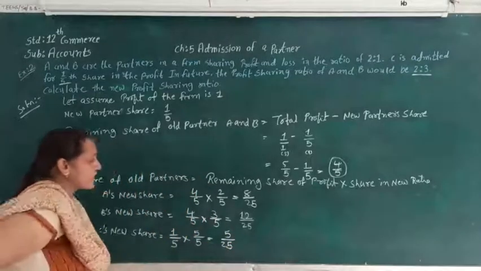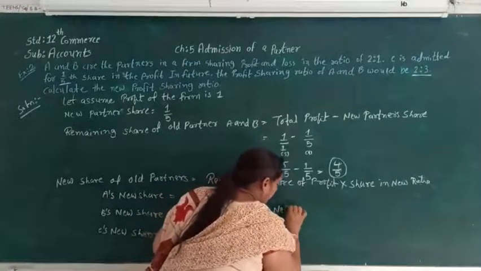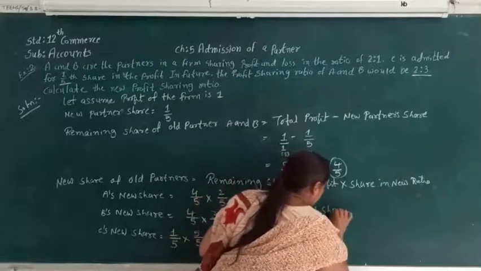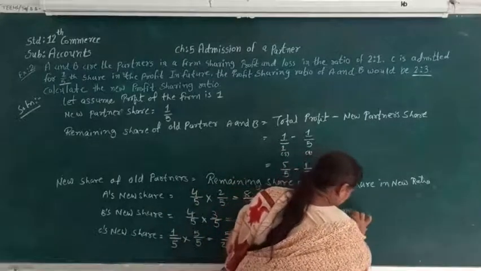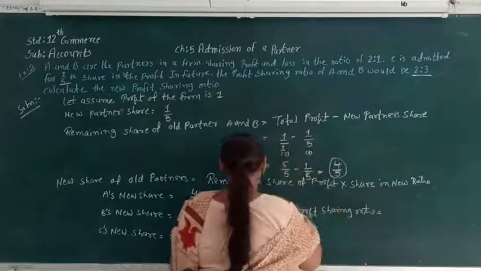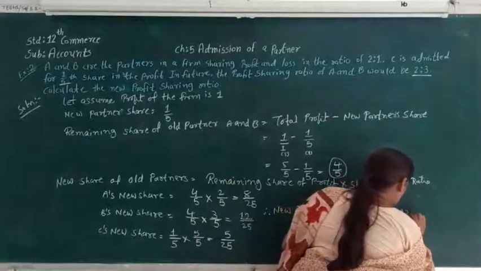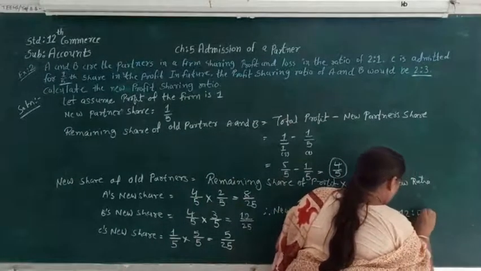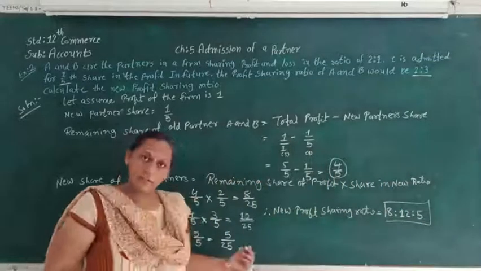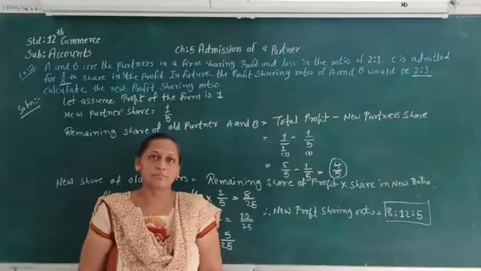So the new profit sharing ratio will be therefore 8:12:5. So this is the new profit sharing ratio. You may note down this in your notebook. Then we are going to see the next sum.